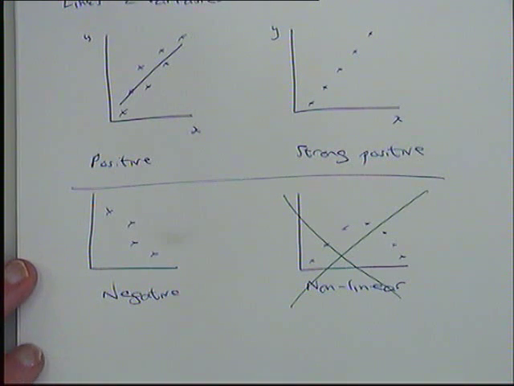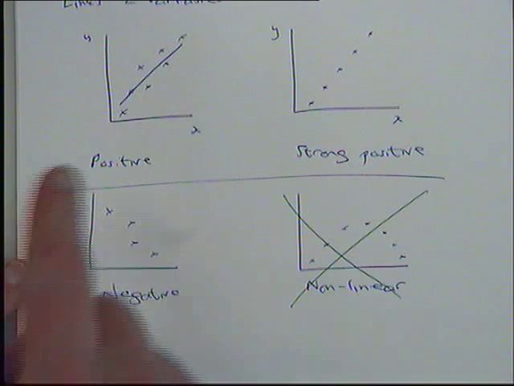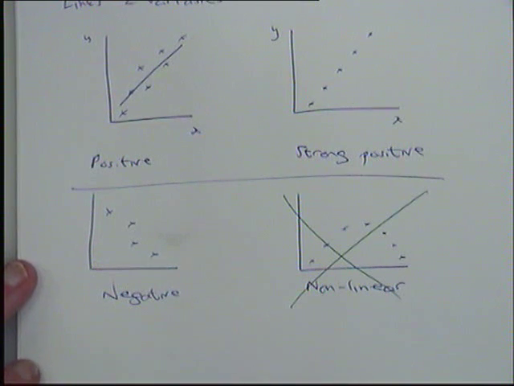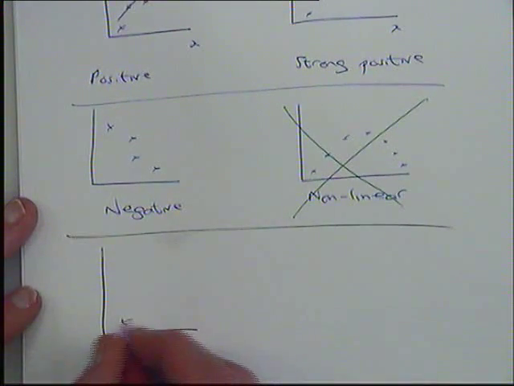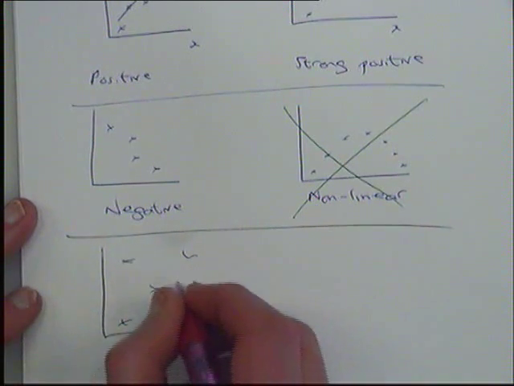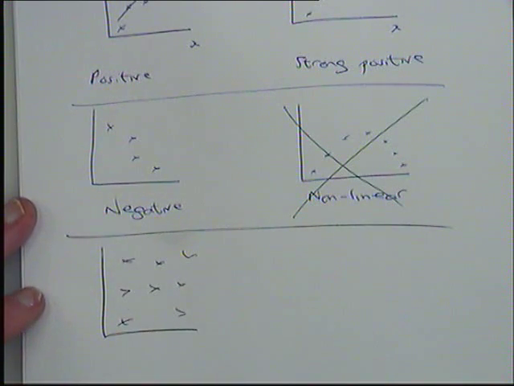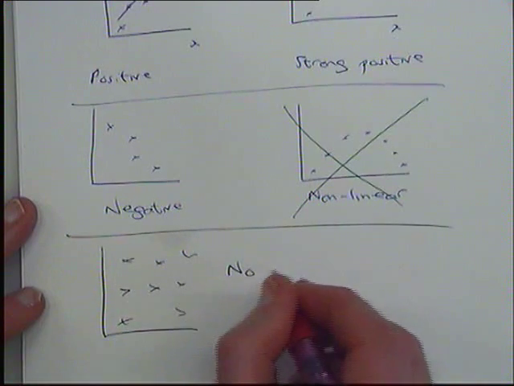Okay, but you can have non-linear correlation. So positive correlation, negative correlation, and then somewhere in between the two of them, no correlation. Which is often the hardest one to draw. You're trying to draw dots sort of at random, really, but there's no relationship there. So that's supposed to be no correlation.